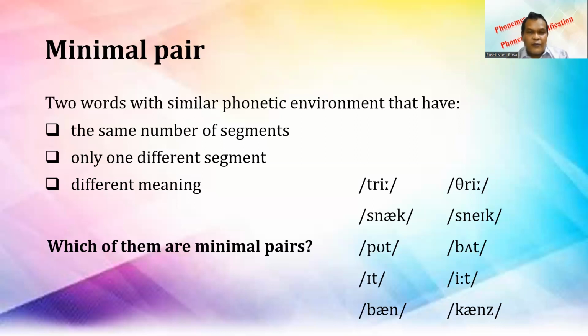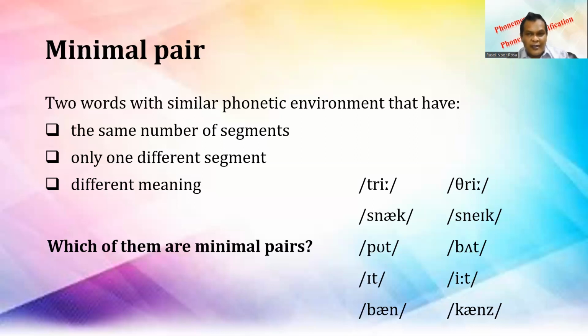The second one, do they have only one different segment? Now, let's see. The first word is initialized by the t sound. Meanwhile, the second word is initialized by the th sound.